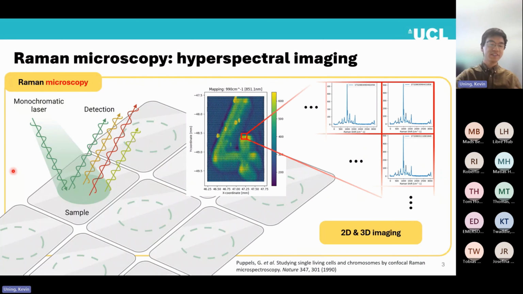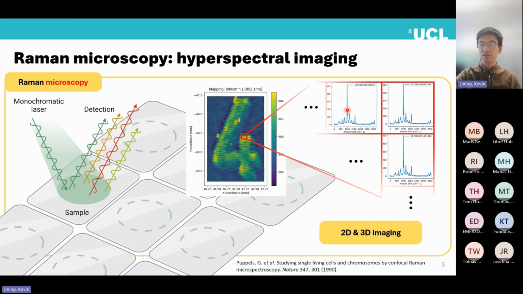But what's more interesting than a single Raman measurement is actually multiple, or a mapping of Raman measurements, which is also known as Raman microscopy. By performing a mapping measurement of our sample using Raman spectroscopy, people are able to obtain a hyperspectral image of the sample. Here in the middle, we are seeing an example of such a measurement, where each and every single pixel is actually a Raman measurement.